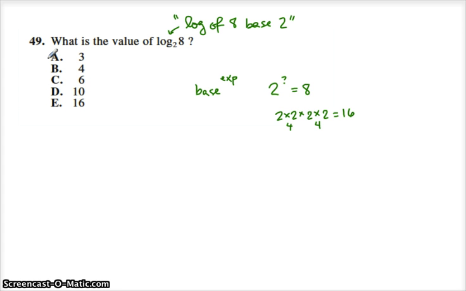But in fact, it is A. It's the 3rd power, because if I multiply 2 by itself 3 times, 2 times 2 times 2, I have 2, 4, 8. And that is literally how you do these problems with a log and a base value.